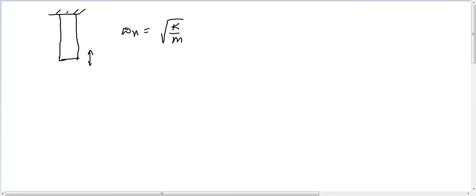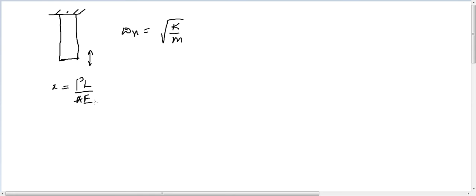But in this case, for the bar we have to find the stiffness, that is the longitudinal stiffness of the bar. We know that the deflection caused is equal to P into L by AE.